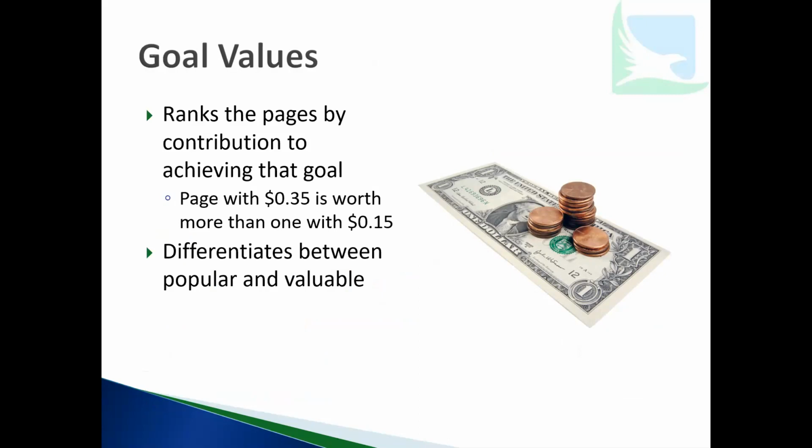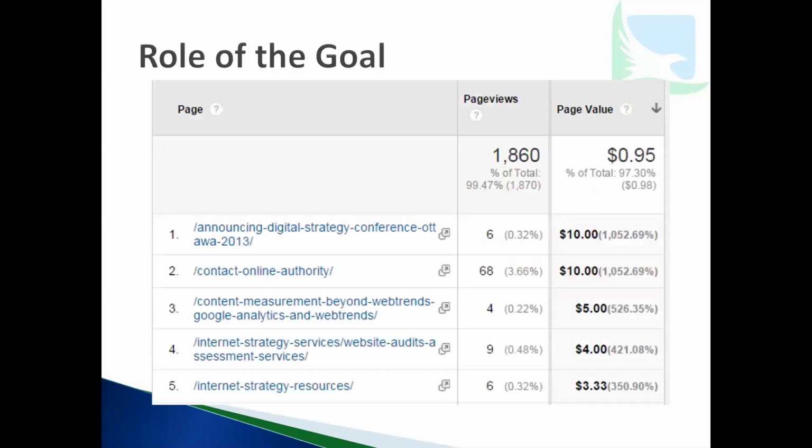So when it gives a value of 35 cents to one page and 15 cents to another page, you know the 35-cent page is more likely to trigger the goal than the 15-cent page. So it helps you to distinguish which pages are the most valuable. So what we're doing here is we're saying, now tell me the most valuable pages, the pages most likely to trigger the goal that I want to achieve. And that's what the goal value does.